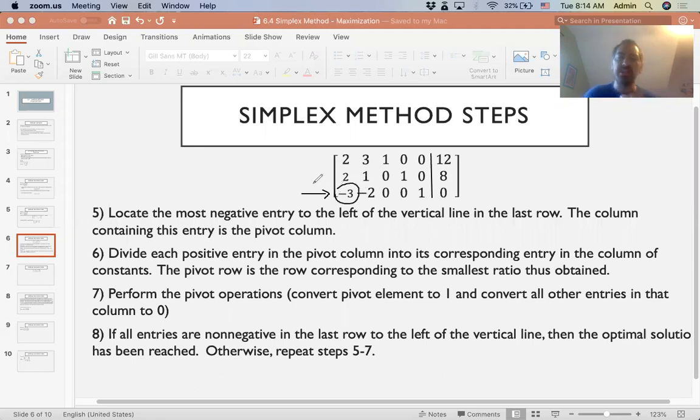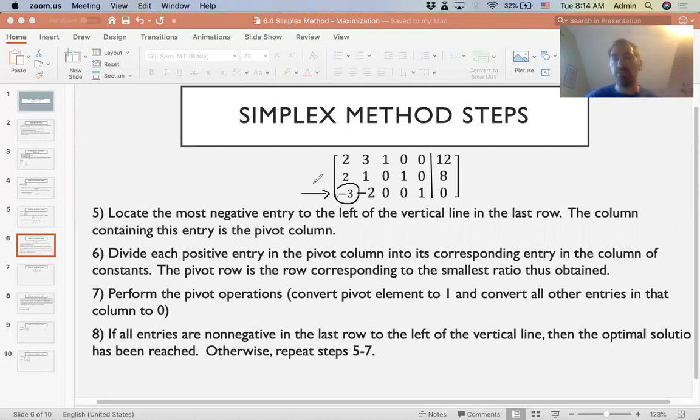Okay, and think about why we're looking at the most negative. And don't just follow the steps blindly. Think about why these steps are as they are. Right, this last row is the objective function. It's the profit function. We had moved that 3x and 2y to the left-hand side, and it became -3x minus 2y plus p equals 0.